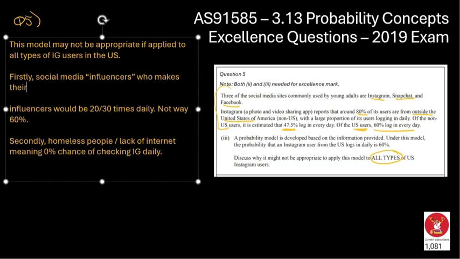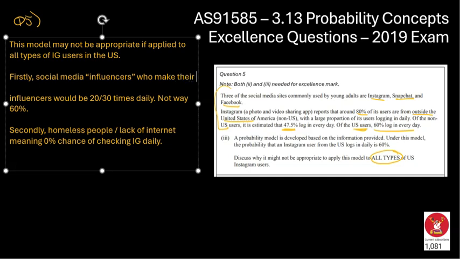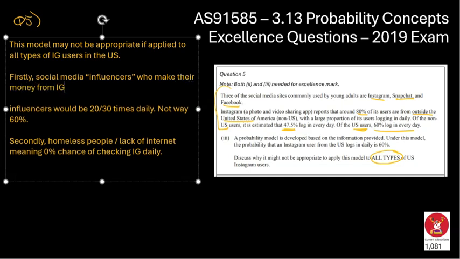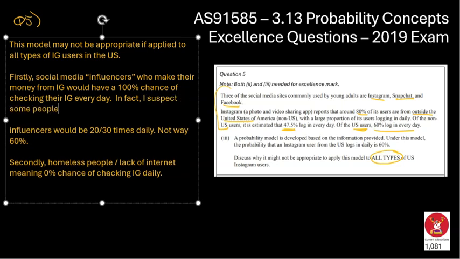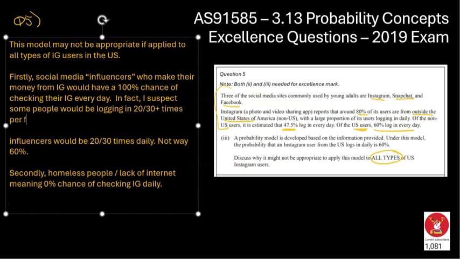who make their money from IG would have a 100% chance of checking their IG every day. In fact, I suspect some people would be logging in 20 to 30 plus times per day.